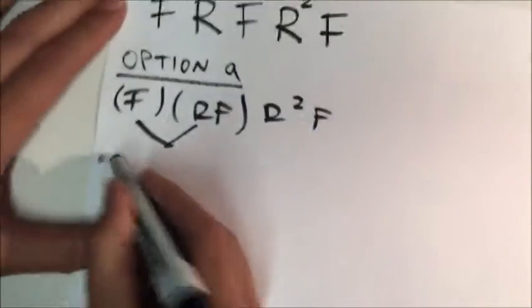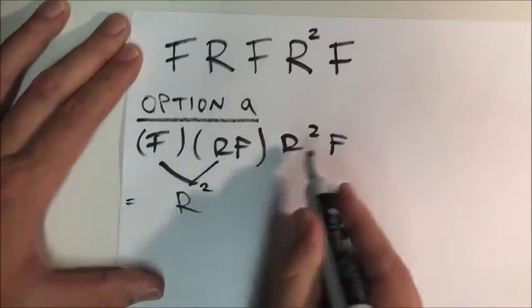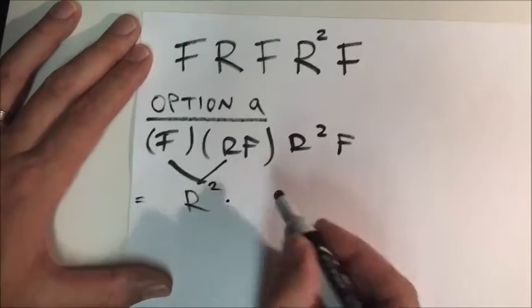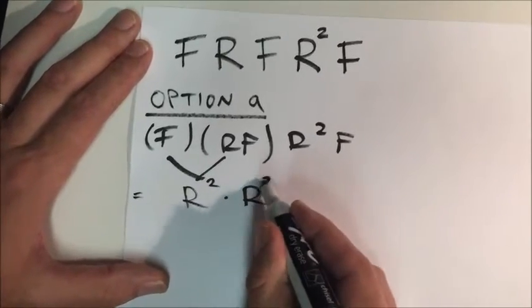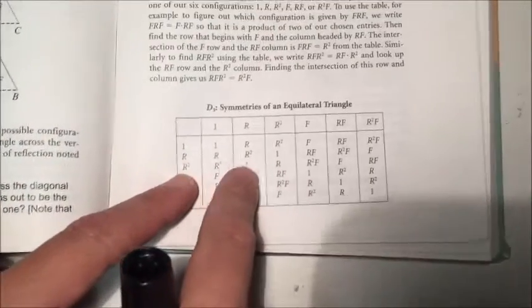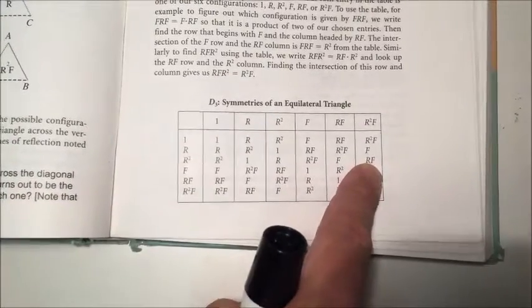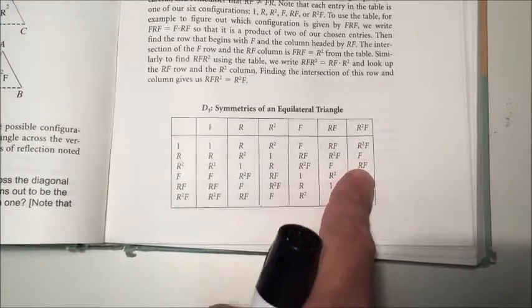So combining these two is R squared, and then what we have left over is R squared F. So then I'm going to combine R squared with R squared F, and the result, the product, if you will, is RF.